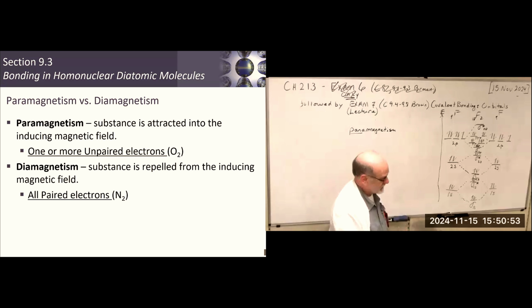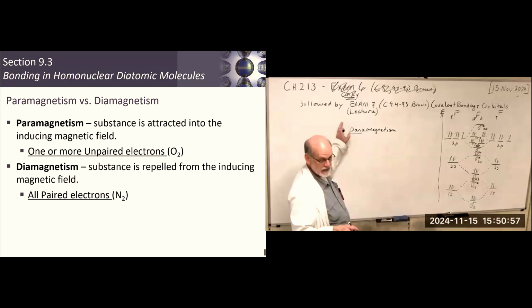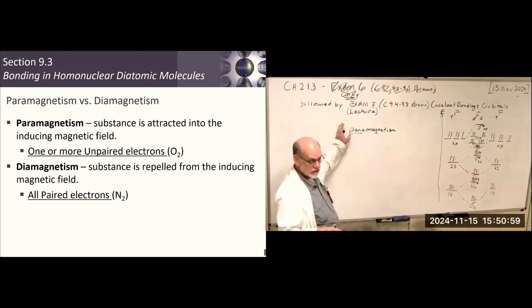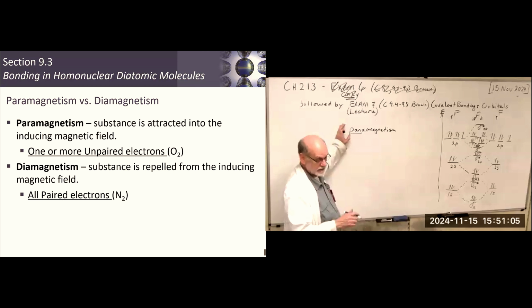Now, what is unique about molecular orbital theory is that valence bond theory couldn't predict that. Valence bond theory would predict that it would be diamagnetic.